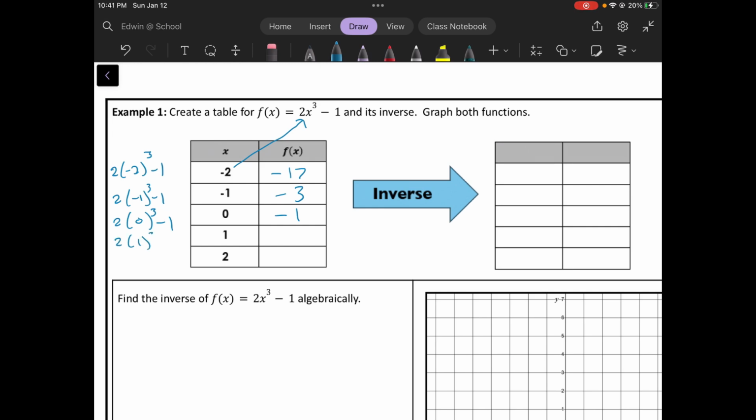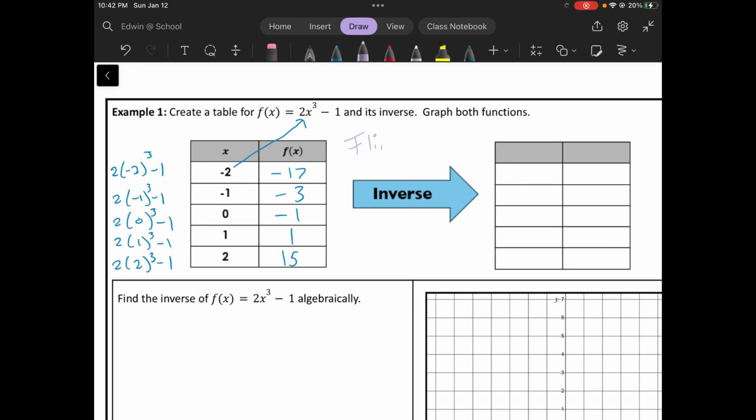And now, what happens when we plug in 1? 1 cubed is 1, times 2 is 2, minus 1 is 1. And finally, when we plug in that 2, we're going to get 2 to the third power, which is 8, times the 2 in the front, which is 16, minus 1, which is 15.